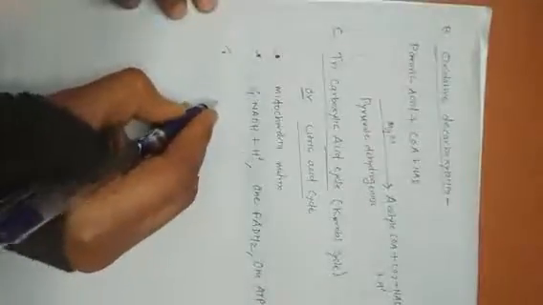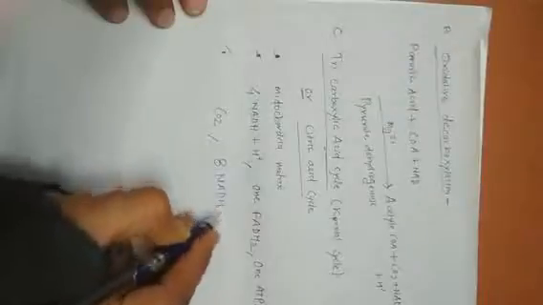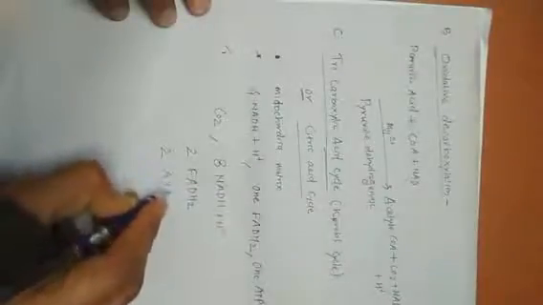And the third important point is, one glucose molecule is broken down to release CO2 and 8 molecules of NADH plus H plus, 2 molecules of FADH2 and 2 molecules of ATP.